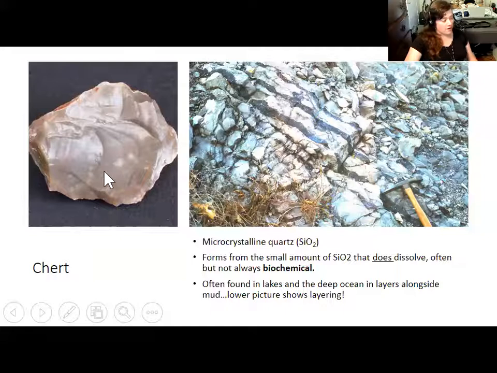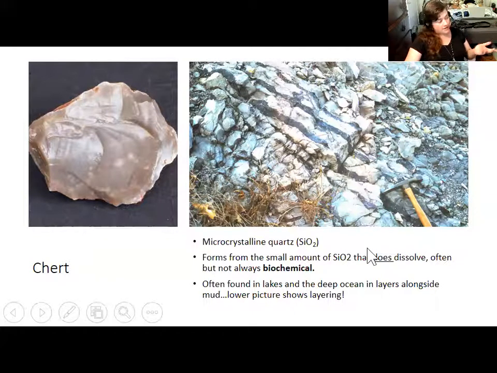And you often find that in ocean settings. And you can tell chert because it has the same conchoidal fracture that you observe in quartz. If you have a large enough piece of chert, if you break it, it won't experience cleavage. It will show this fracture pattern where you get these curved surfaces.